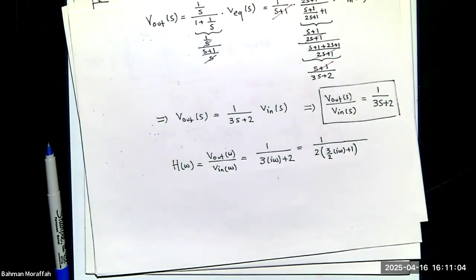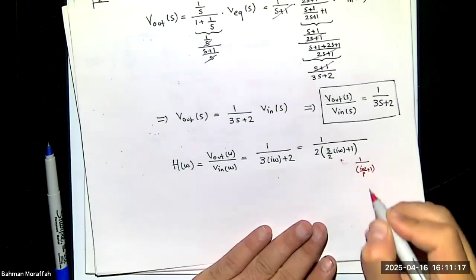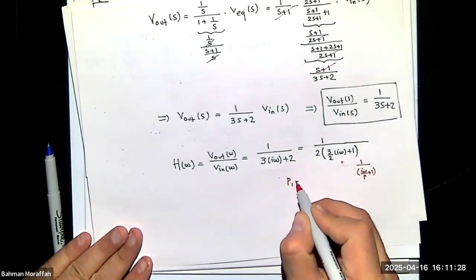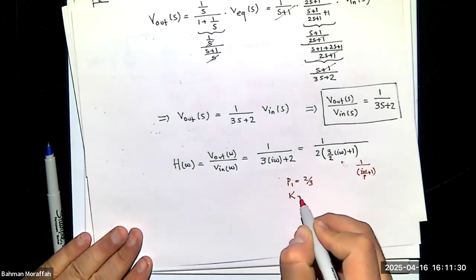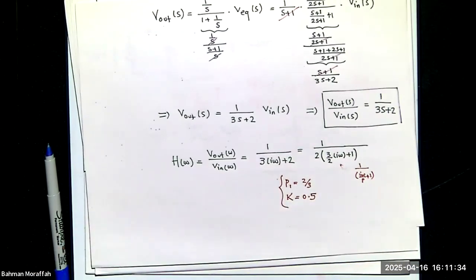Where's my pole? Remember, I have to write this in terms of 1 over (j omega over P1 plus 1). So what is my P1? It's 2/3, right? So P1 is 2/3. My constant K is half. Right? I can plot it.